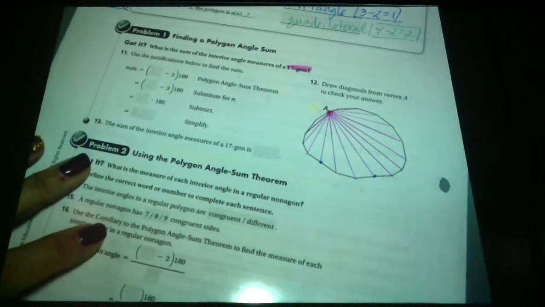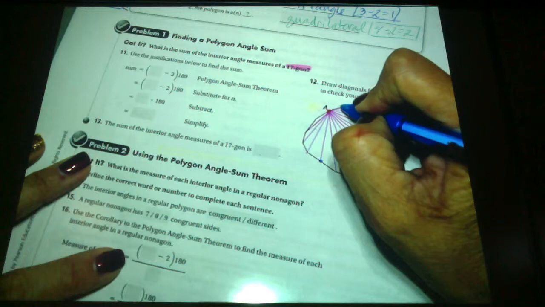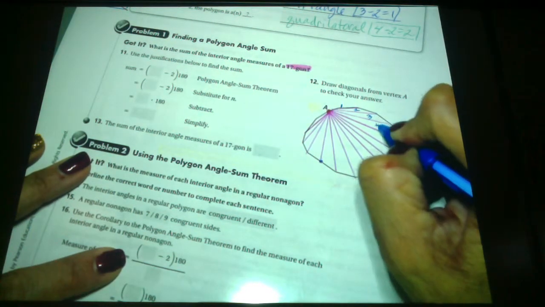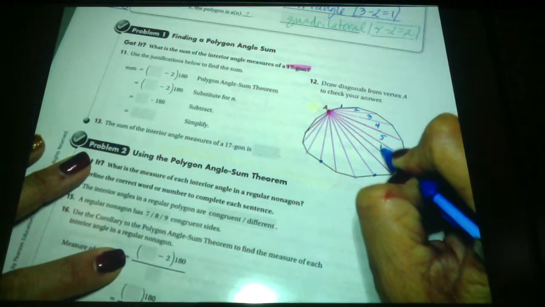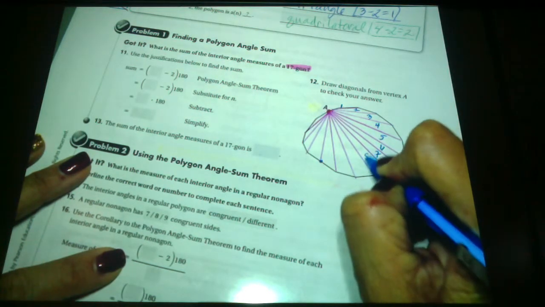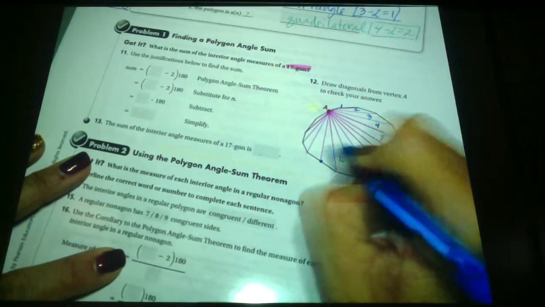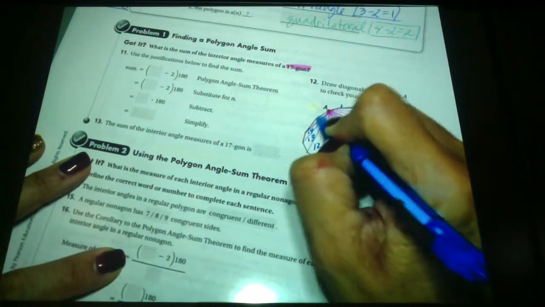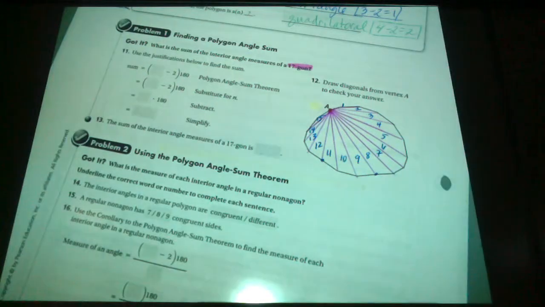So then if you number your triangles, this one's really hard to see, this one's really tiny, this is 1. So I did squeeze 15 triangles in there. That upper one by A is really hard to see, but it's there.